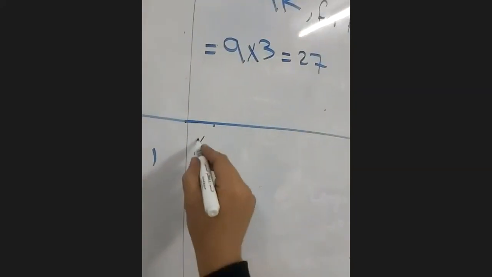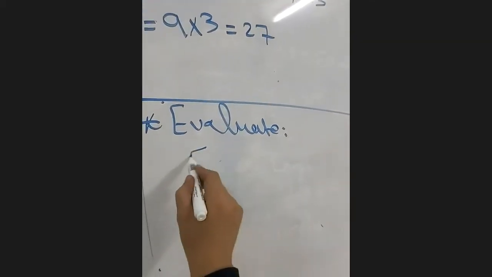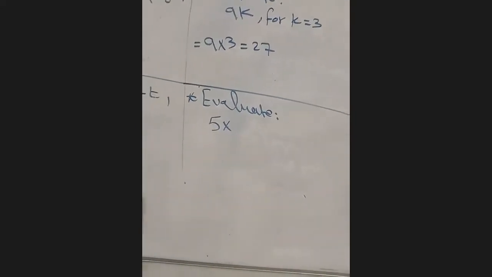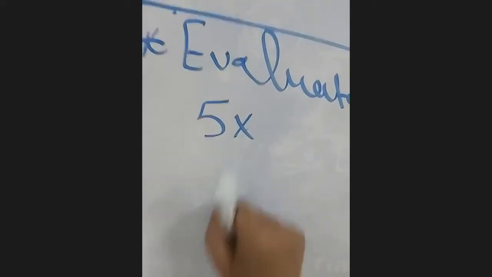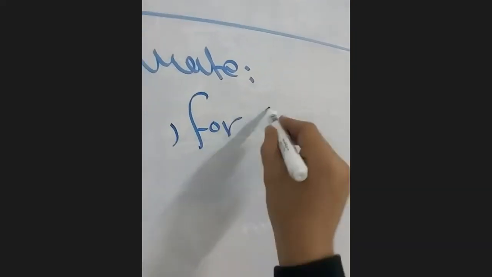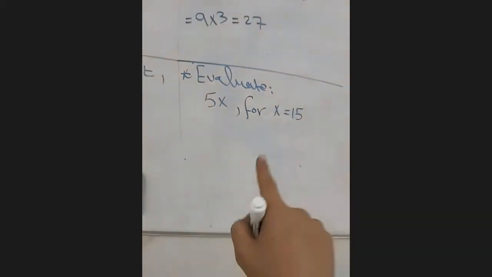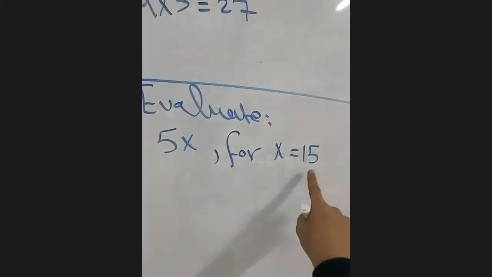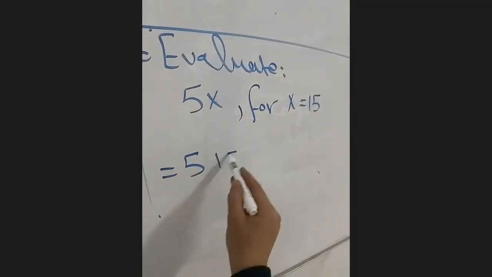For example, evaluate 5x. 5x. This is not multiply. 5x, for x equal 15. Now I will replace x with 15.